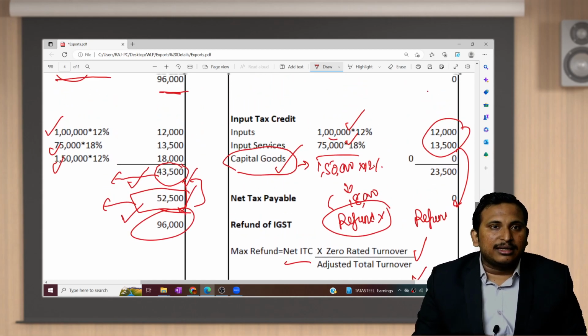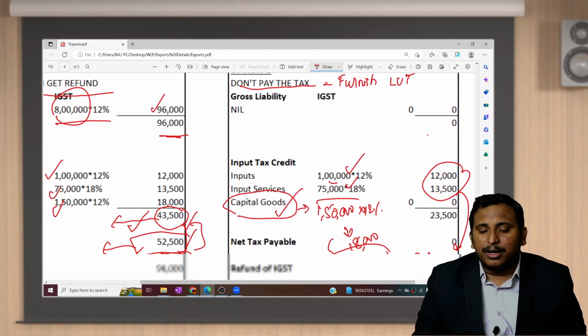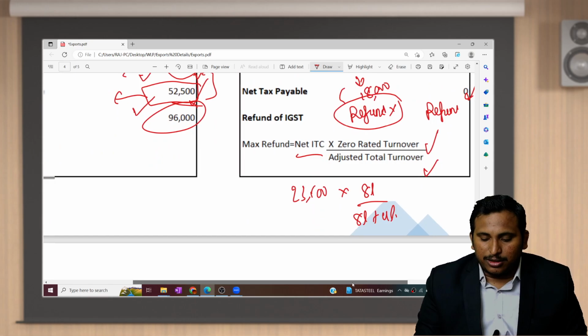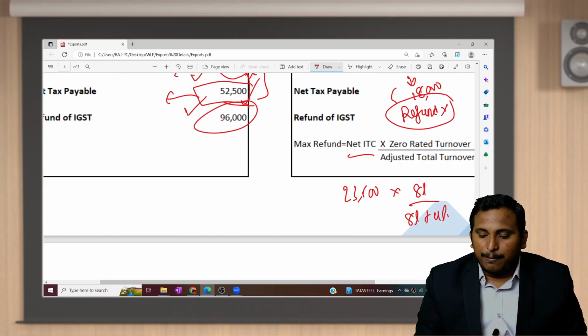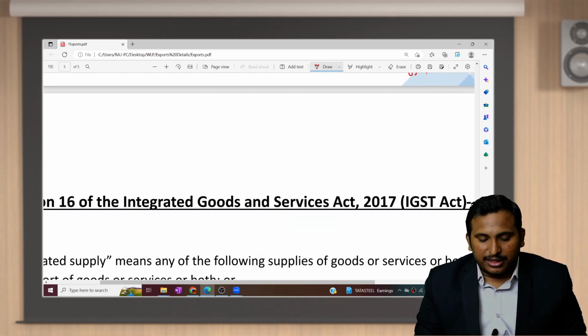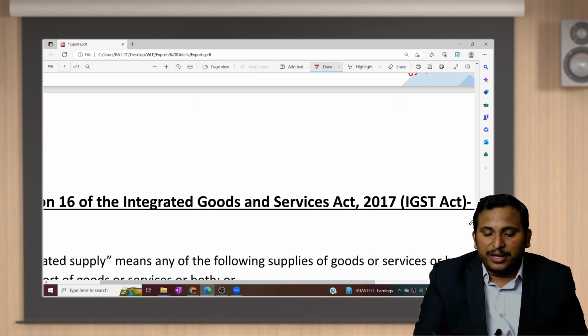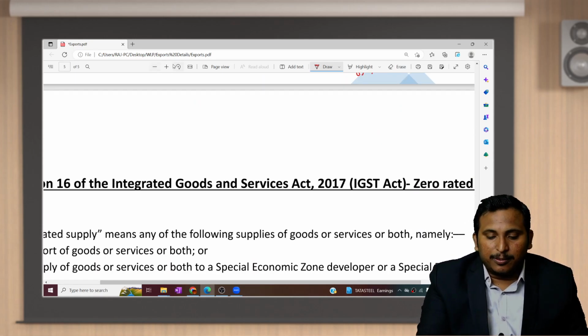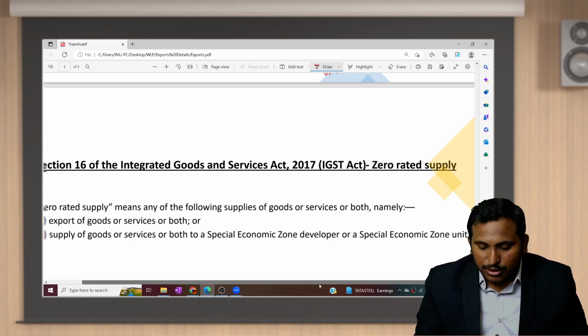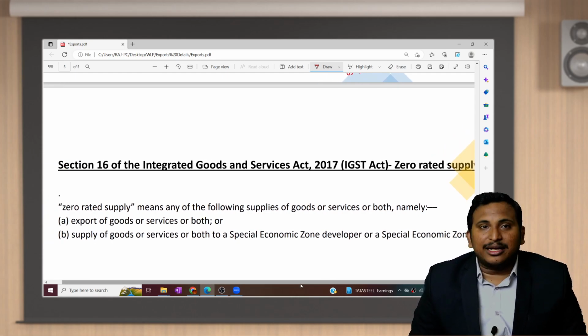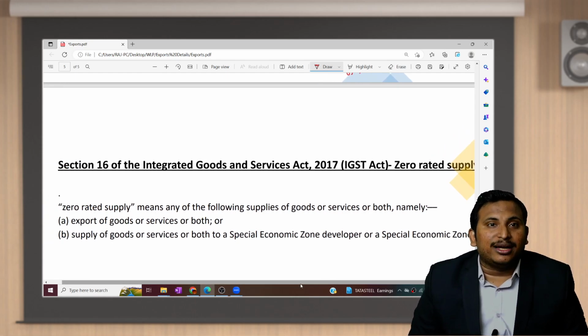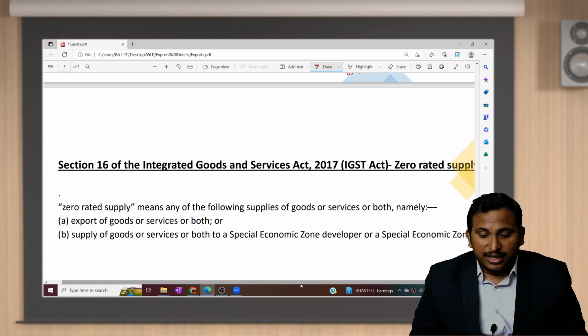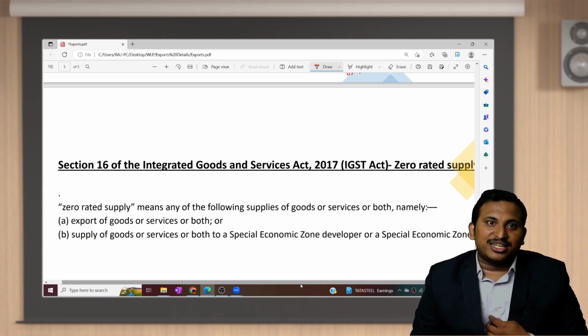So is that clear? Ultimately remember there are two options available. What are the two options? First option, pay the tax and then get the refund. Second option, you need not pay the tax. Are you getting the point now? I have already communicated that we should furnish the LUT. Now I will show you in the portal how to furnish the LUT.